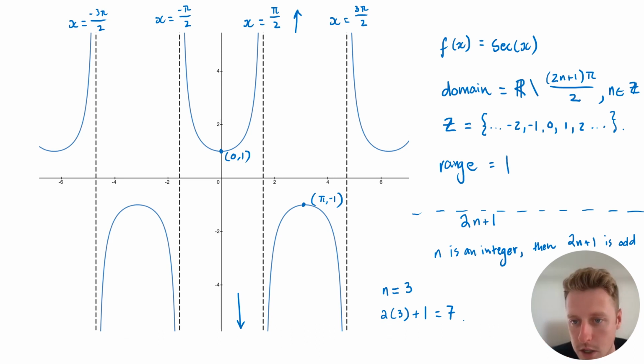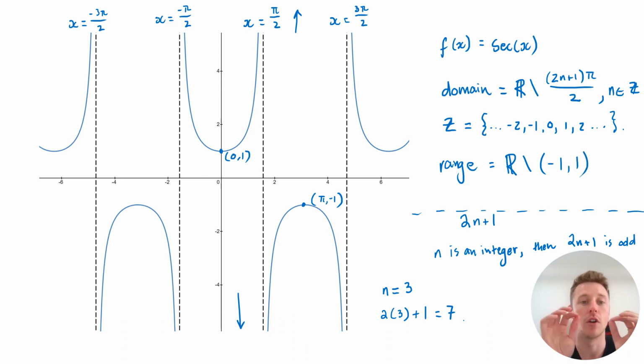So the range can be all real numbers, not including, and this is where it gets a bit confusing, I'm going to use round brackets because on the graph of secant of x, the point 1 is defined. So I'm excluding everything up to 1, but not including 1.